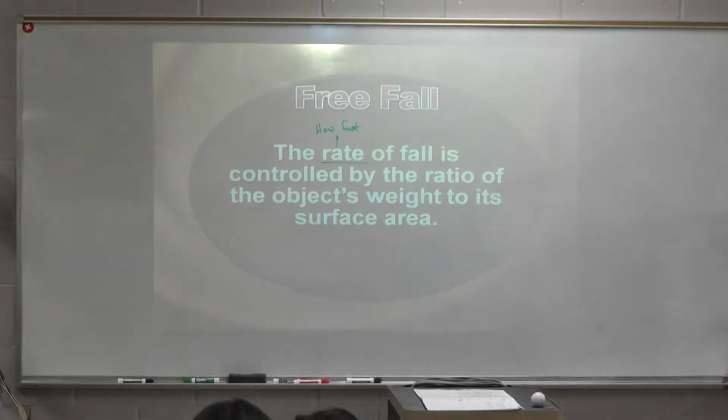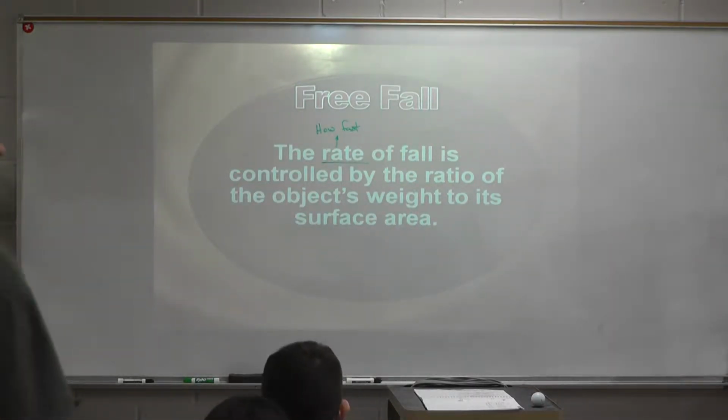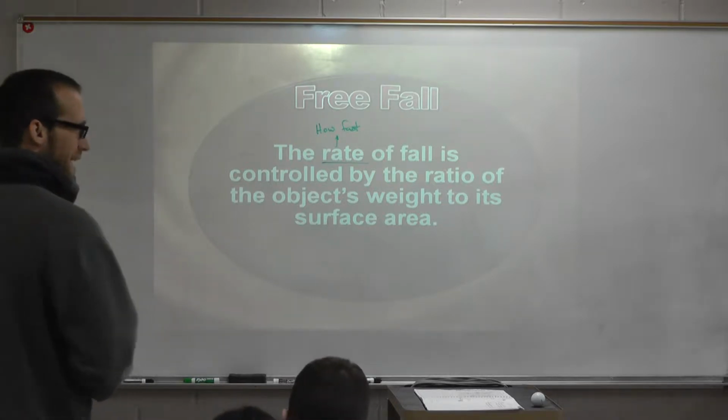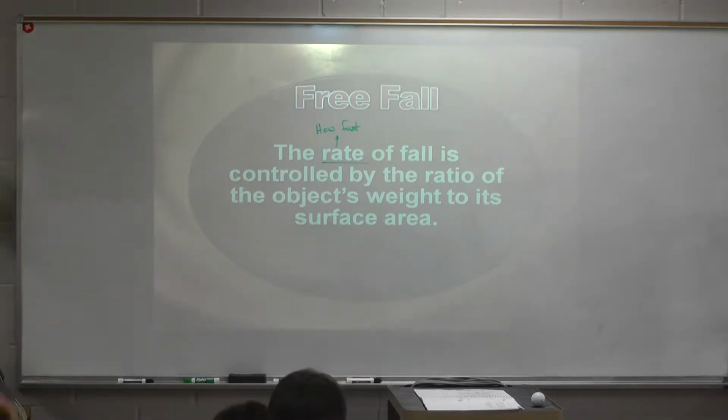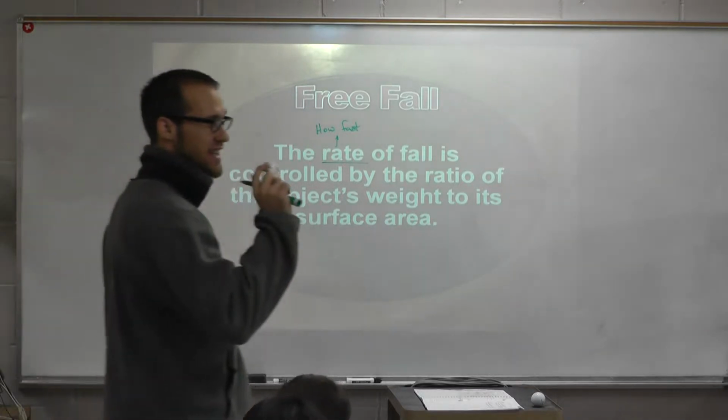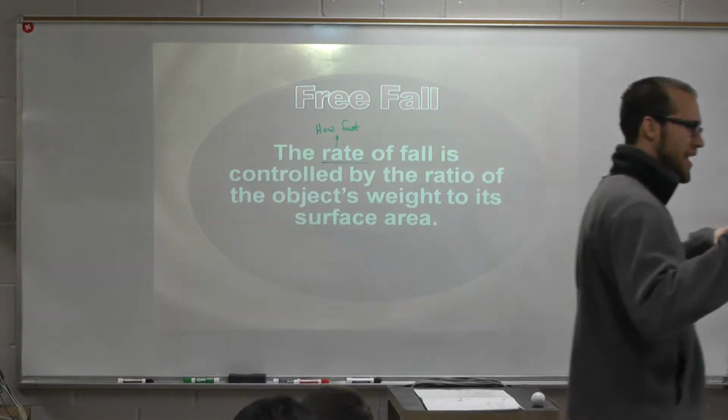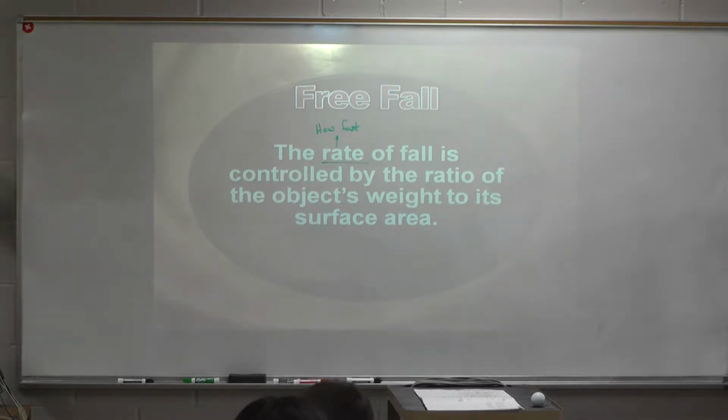So that's why when I had the piece of paper unwadded, it fell a lot slower than when I wadded it up, because this has significantly less surface area than a flat piece of paper. Only so many air particles are going to hit this as it's falling, versus a great surface area, where a lot of air molecules are going to hit it and oppose its motion.